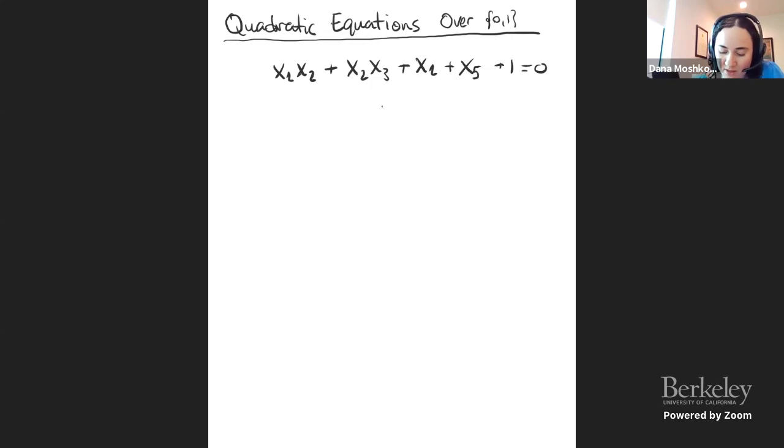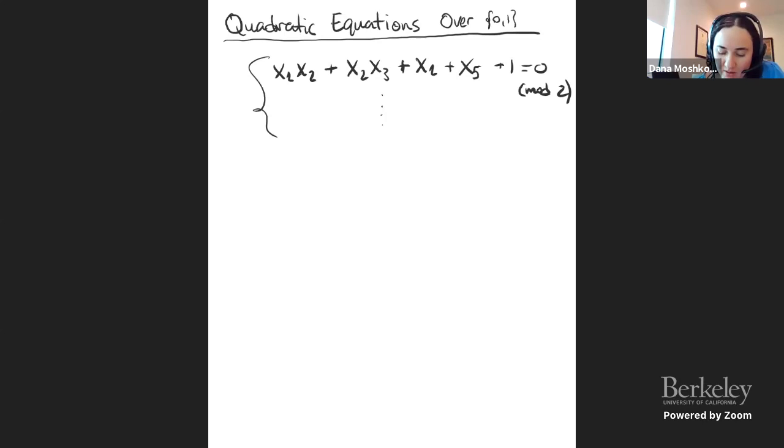So I'm given a bunch of equations like that, and I'm trying to find the solution, an assignment of 0, 1. So everything is mod 2. That's why I never have x1 squared, because x1 squared is just x1. I never have minus, because minus is plus. So I work over mod 2.